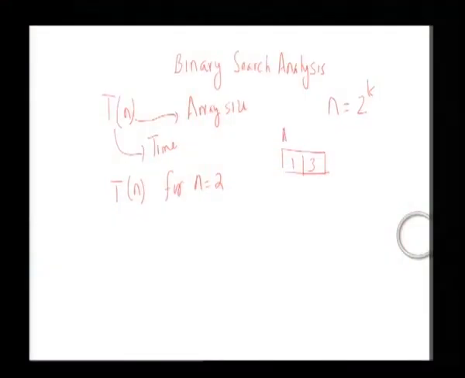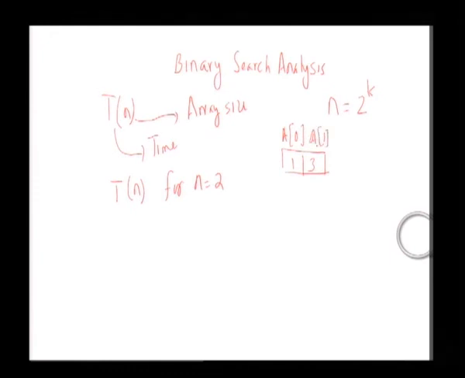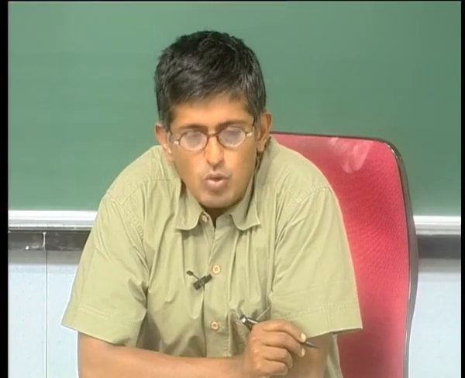So, this is the array index 0, this is the array index 1, and it is clear that a queried element can be resolved for whether it is present or not in the array in a maximum of 2 comparisons.